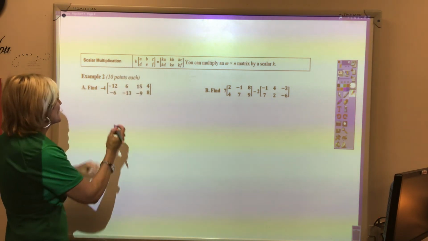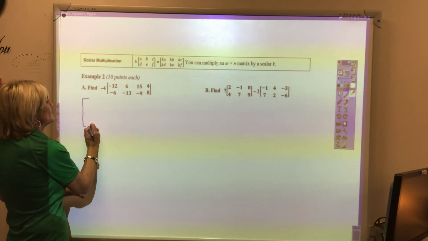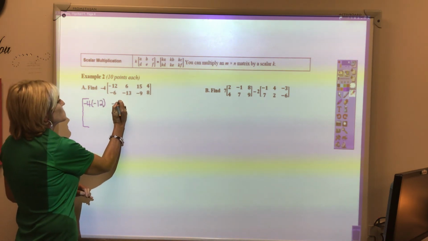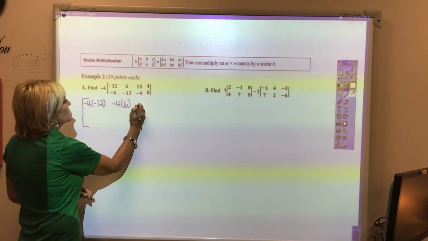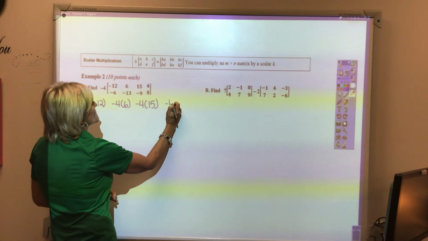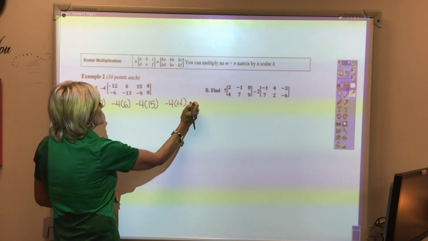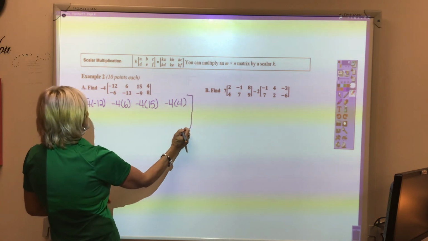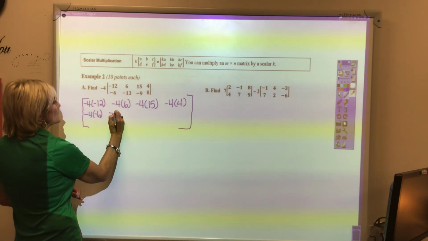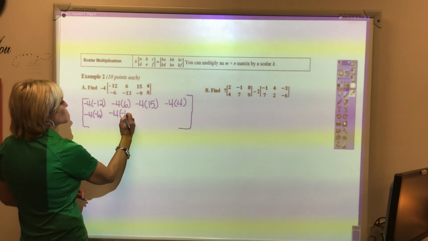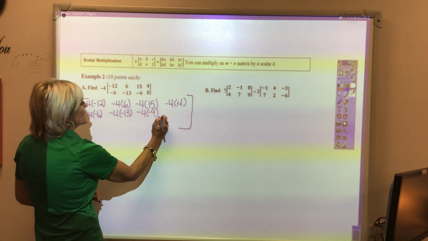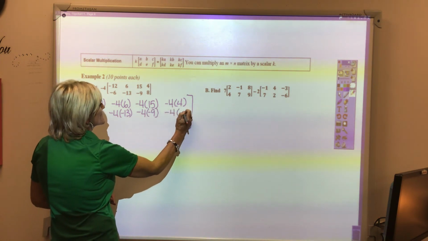So on A, you would have -4 times -12, -4 times 6, -4 times 15, -4 times 4. And on our second row, we would have -4 times -6, -4 times -13, -4 times -9, and -4 times 8.